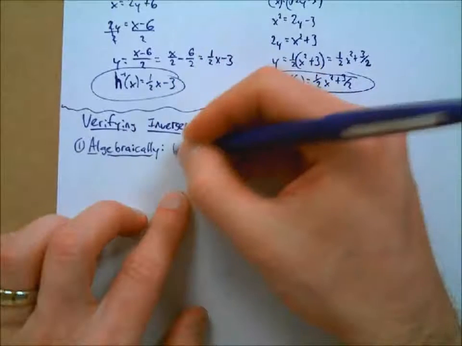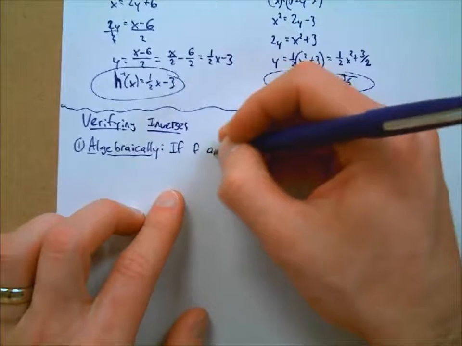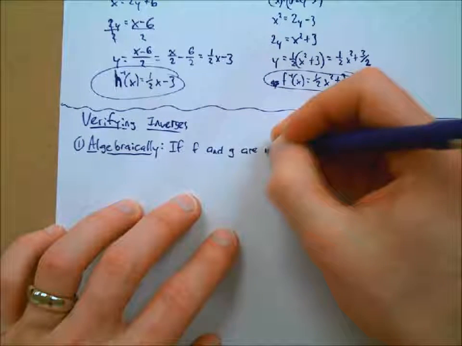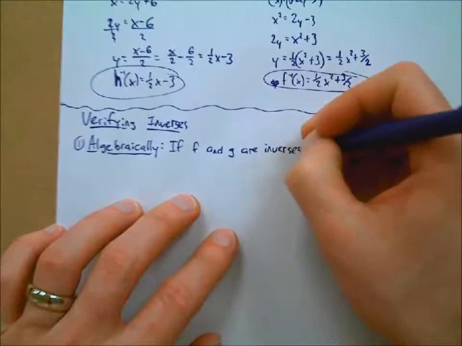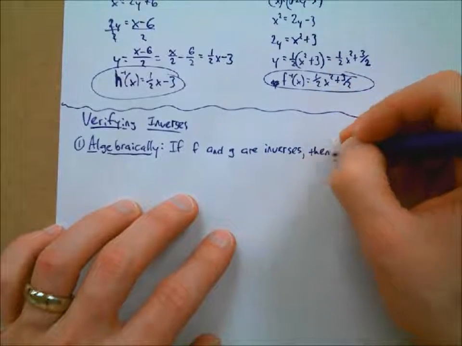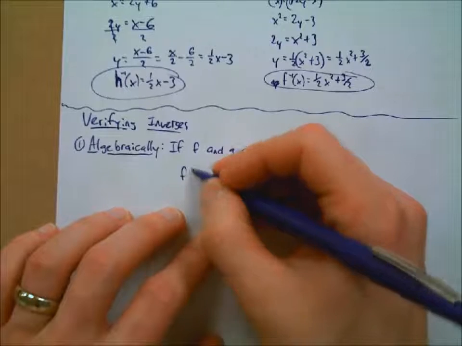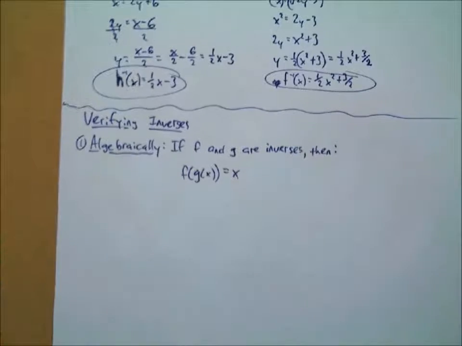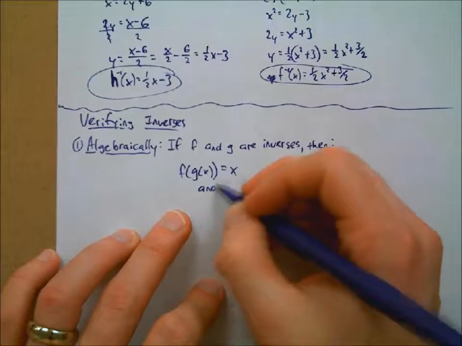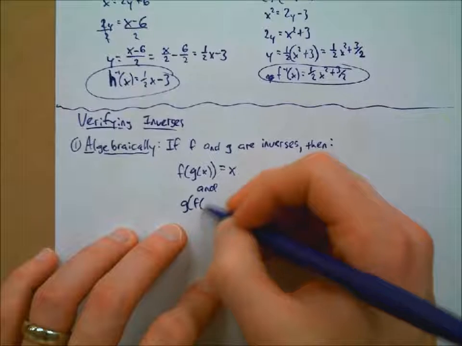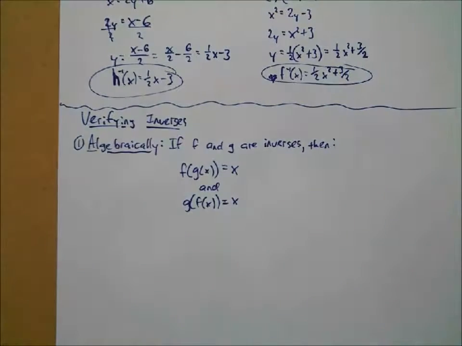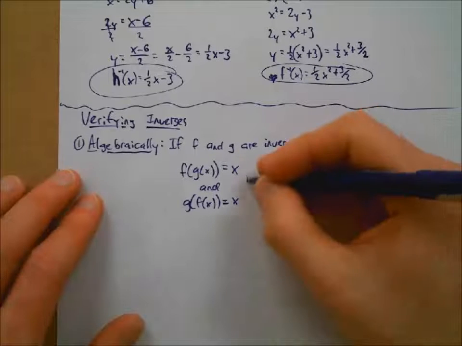We'll say if f and g are inverses, then f of g of x equals x, and g of f of x also equals x. Okay? Both must be true.